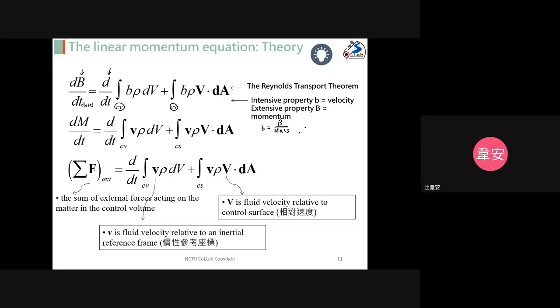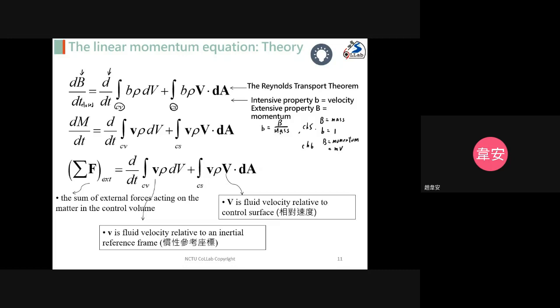For chapter 5, the physical property we focused on was the mass, so the intensive B was 1. But right now, for chapter 6, the extensive property B is the momentum, which is mv.